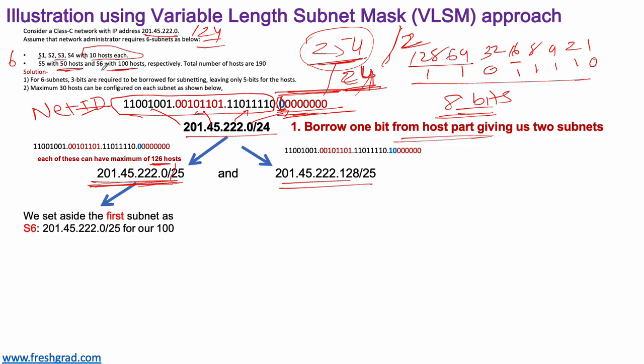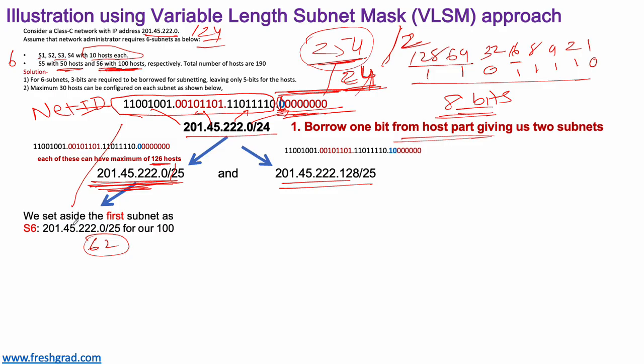If you see here, what's our requirement? Subnet 6 with 100 hosts, right? So this one can have 126 hosts, right? So if you further divide 126 into half, then it becomes the smaller network, right? Now you want to keep one subnet as this one because it meets your requirement for subnet number 6.